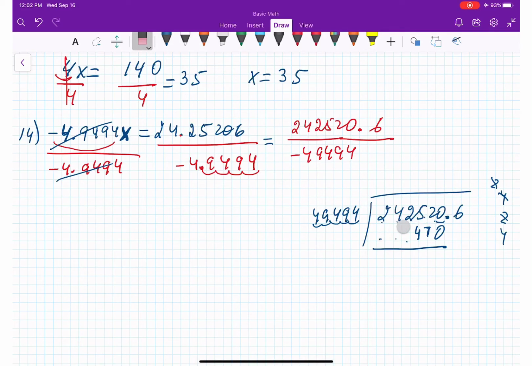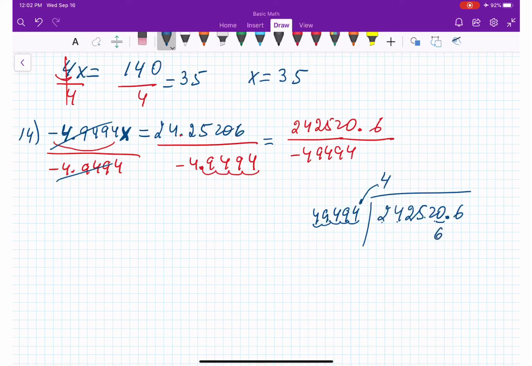Okay? So which means 4 is gonna fit. 4 times 4. Let me clean this one also. All right, I do this on purpose here on the video so you can see how it works when you divide large numbers. So 4 times 4 is 16.